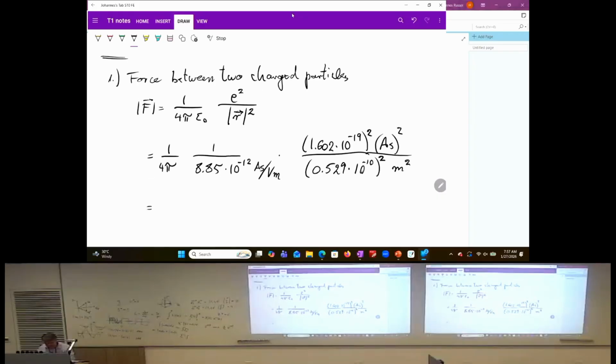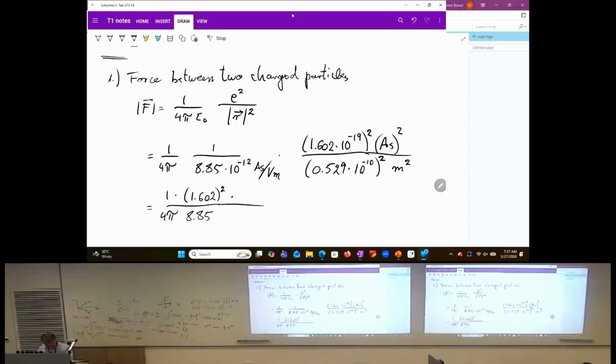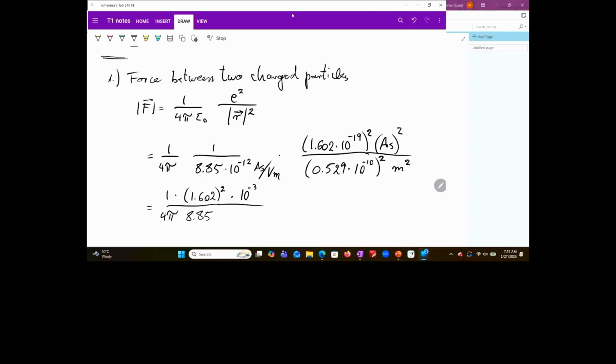So that is 1 times 1 over 4 pi, 8.85. Now let me get these exponential terms to the back. On the top line we have 1.602 to the power of 2, and the 10 to the minus 19 squared. That gives us 10 to the minus 38.